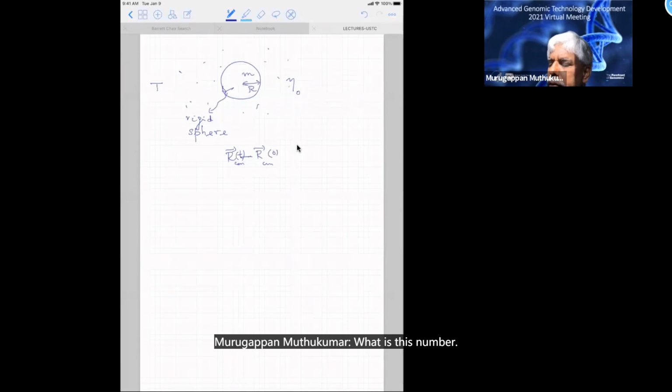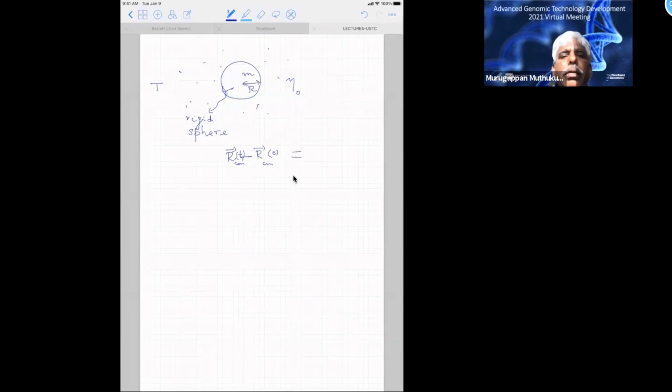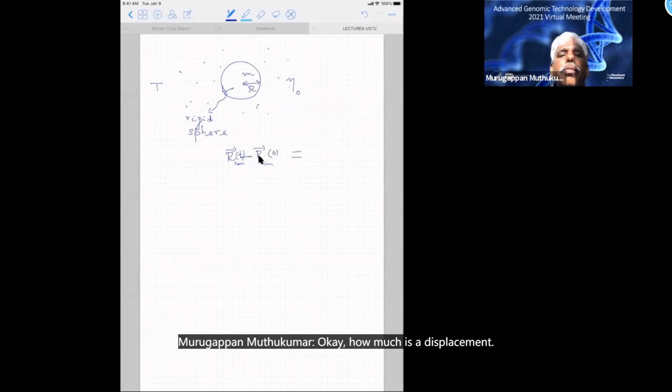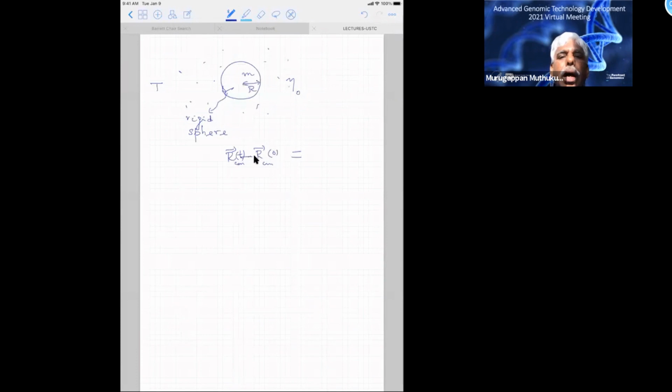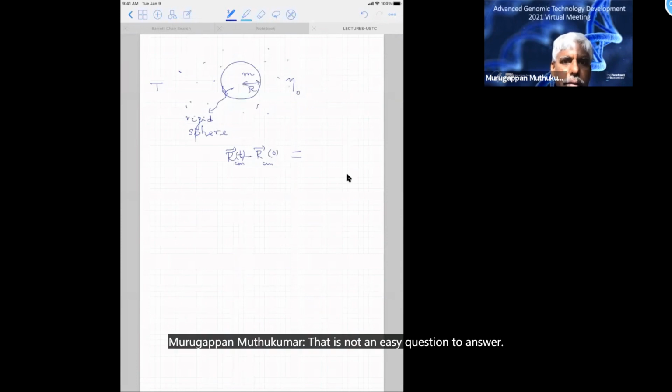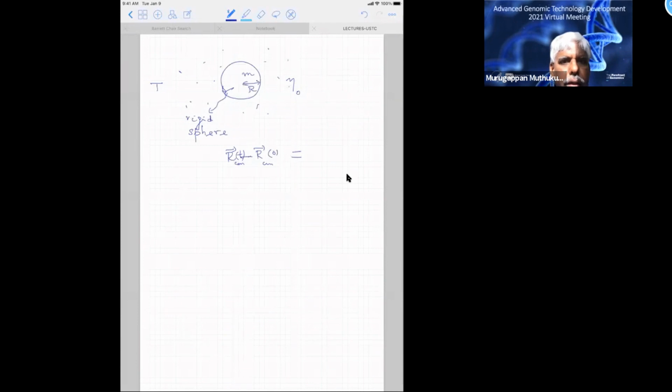What is this number? How much is the displacement after an elapse of time t? And it turns out this is not an easy question to answer for realistic situations.